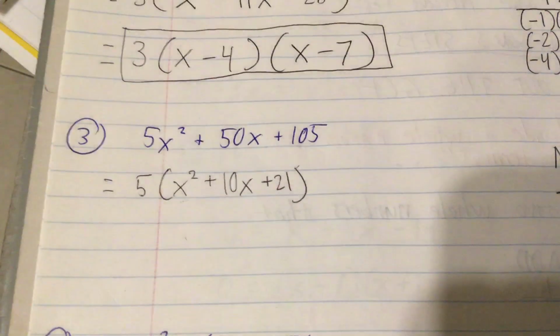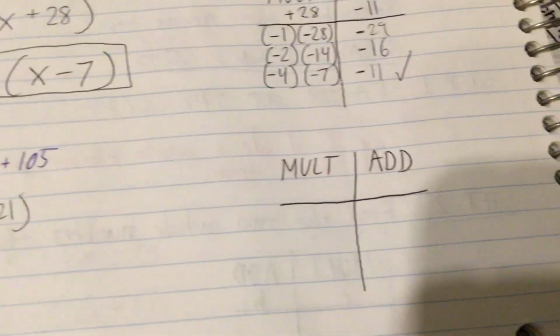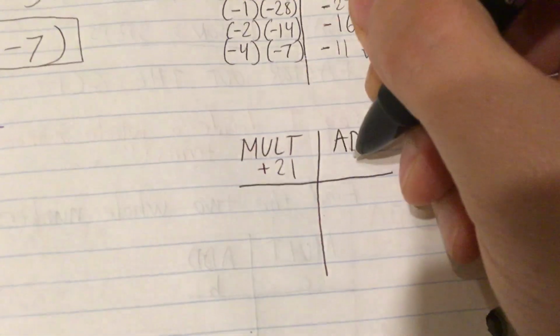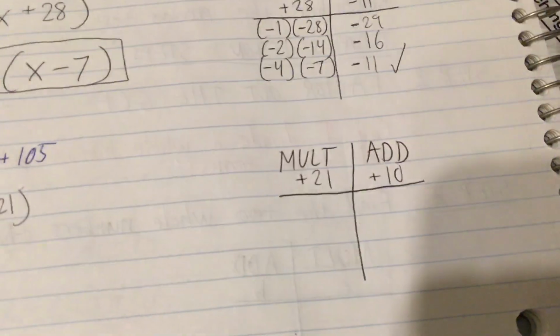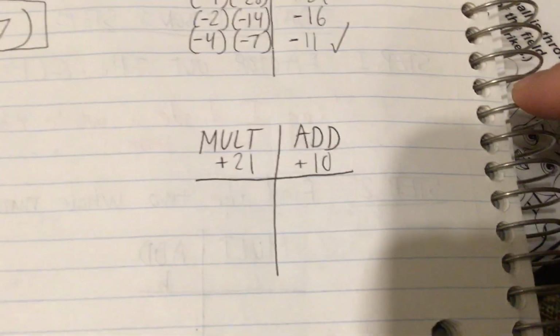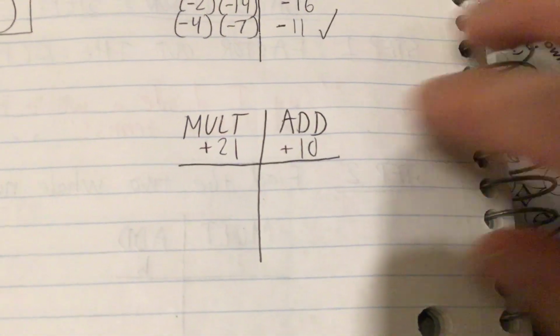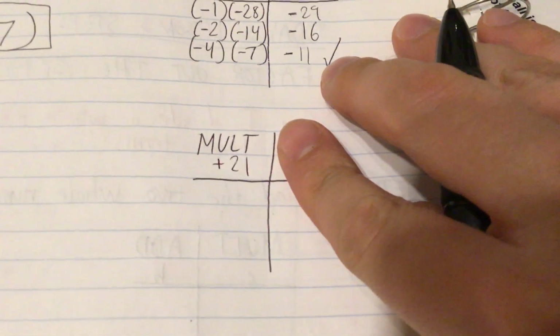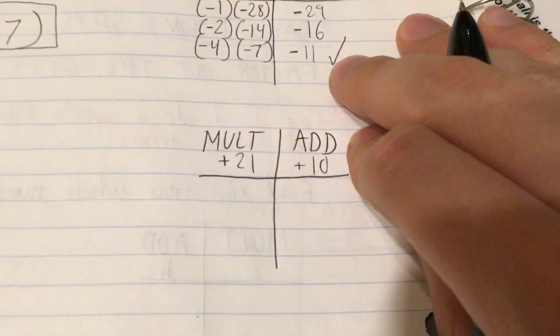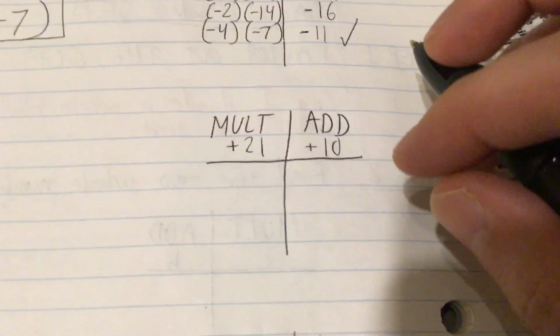Factor completely. Can I factor this part now? Yeah. I'm looking for two numbers that multiply to positive 21 and add to positive 10. So it has to be a positive times positive. A positive times positive makes a positive, and two positives added together make another positive.